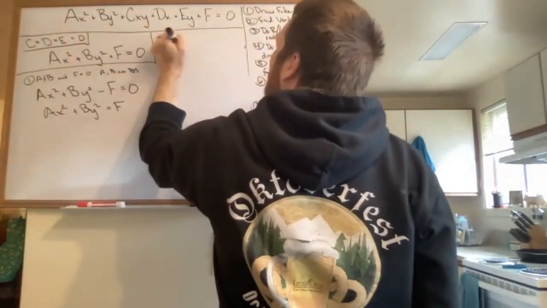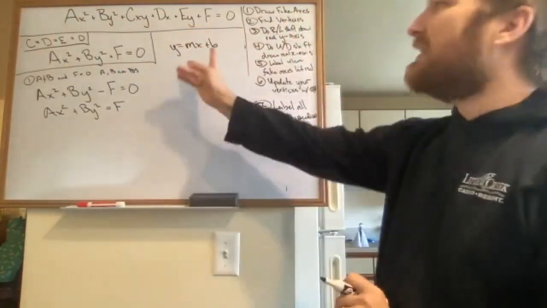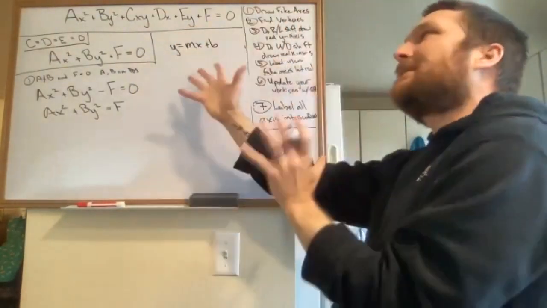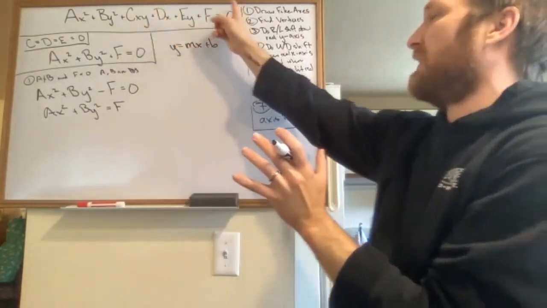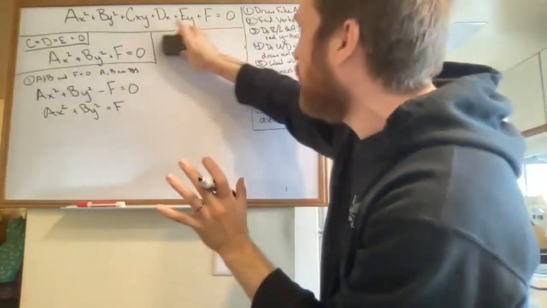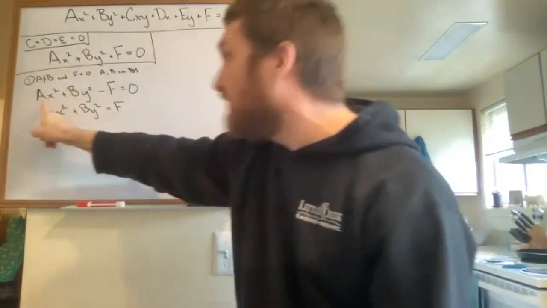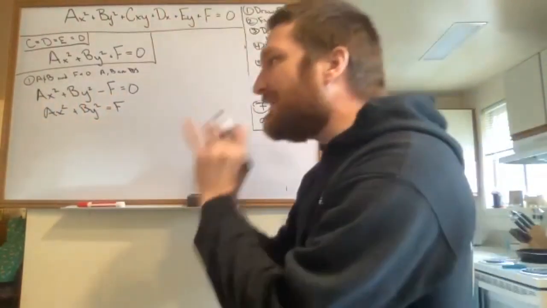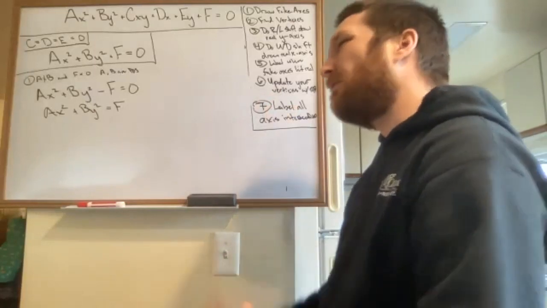But if you could take that thing and rewrite it in this form right here, then it makes graphing it a million times easier than trying to figure out what the heck that thing is, right? And so that's the game that we're playing right now. You could go ahead and just deal with that, but it will be easier to get it into a different form. What form is that?